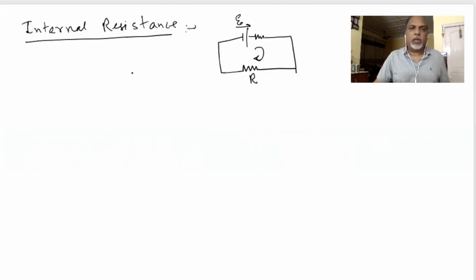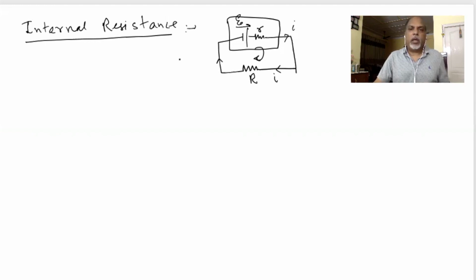Now we will see what internal resistance is. I told you there are two types of batteries. An ideal battery does not have any internal resistance, but that is ideal; it is very difficult. Real batteries do have some internal resistance. So this is basically the EMF device, and here it has an internal resistance of r. Naturally the current will flow like this because the positive terminal is like this.